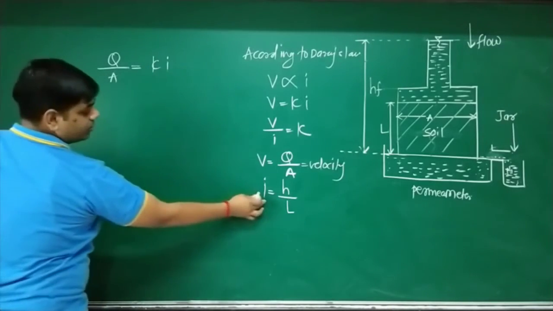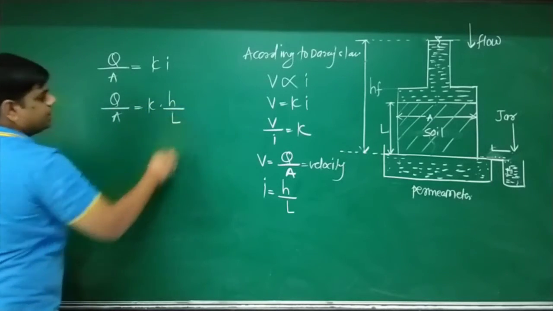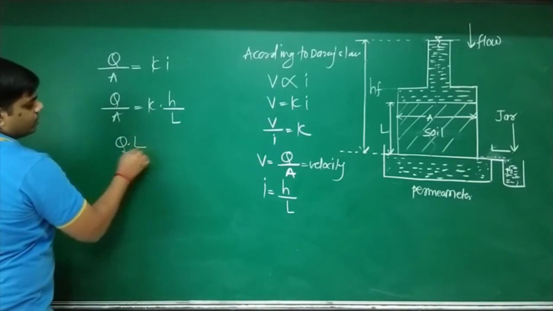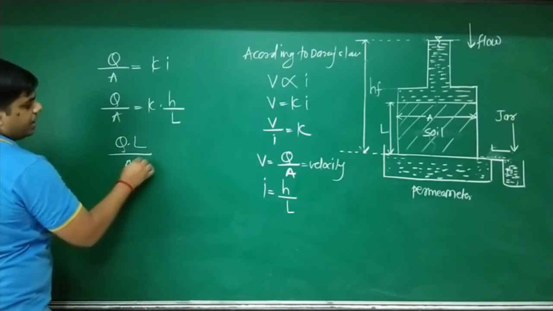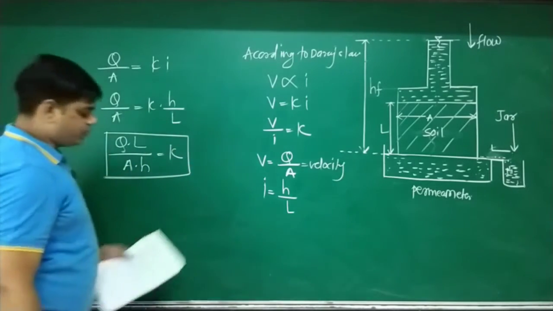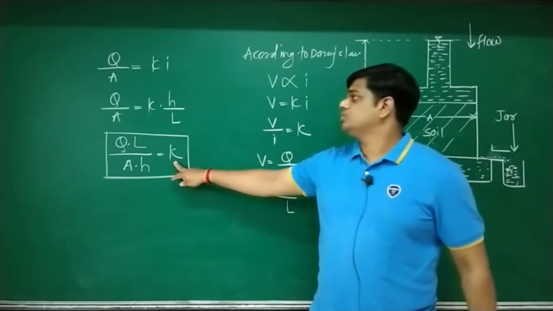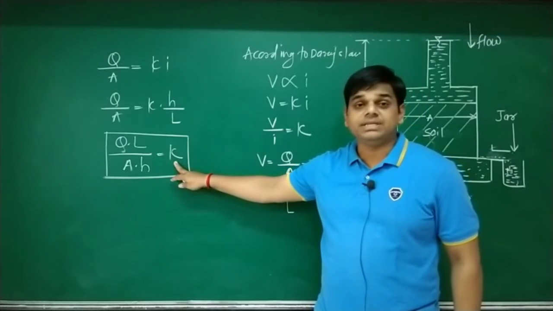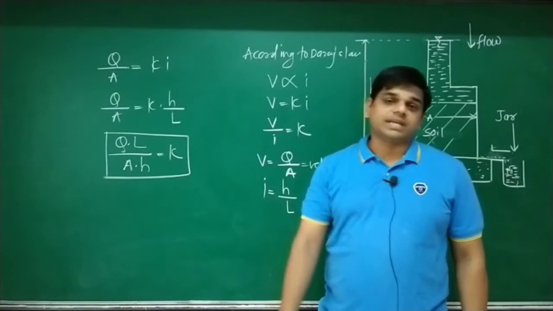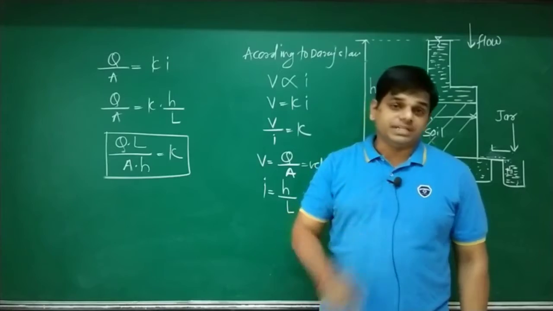Now replace I equal to H by L. So Q by A is equal to K into H by L. Now I want the value of K. So transfer: Q into L divided by A into H is equal to K. This expression is used to find out the value of permeability, expressed in either centimeter per hour or meter per second, depending upon the data given.